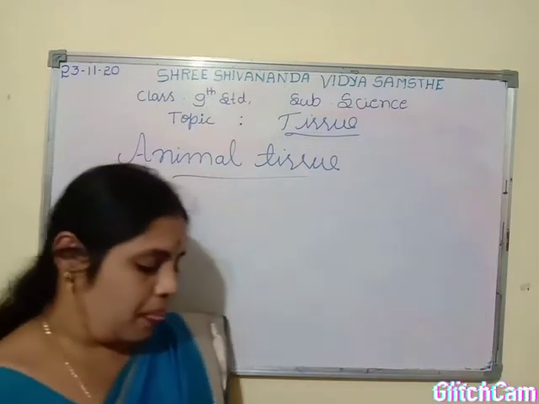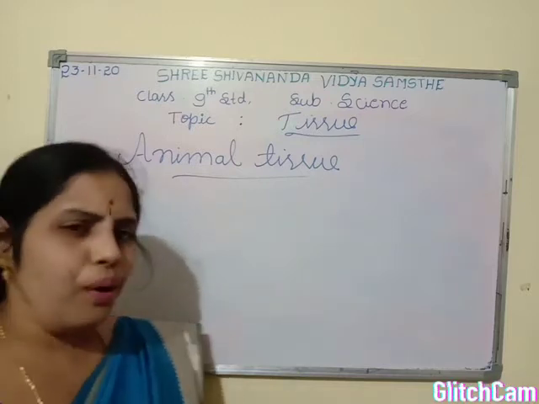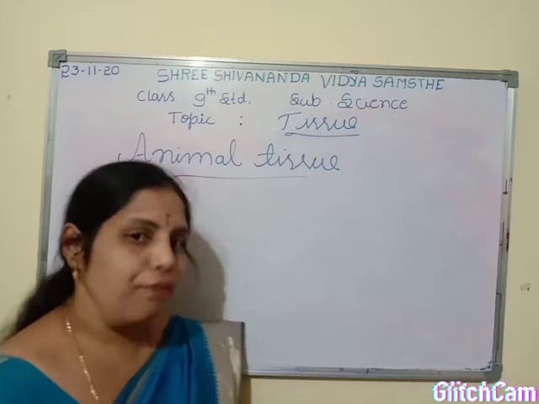Here, animal tissue is broadly classified into four types. How many types? Four types.